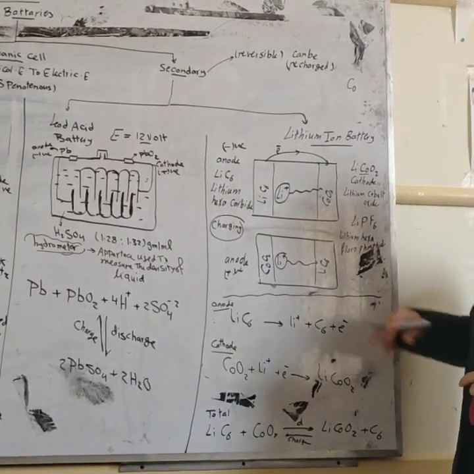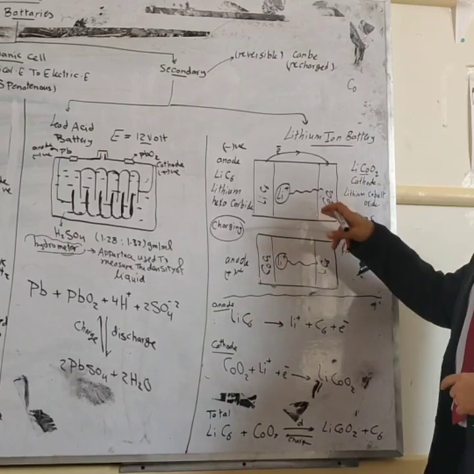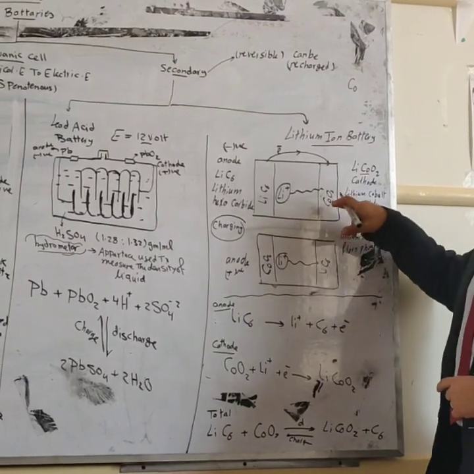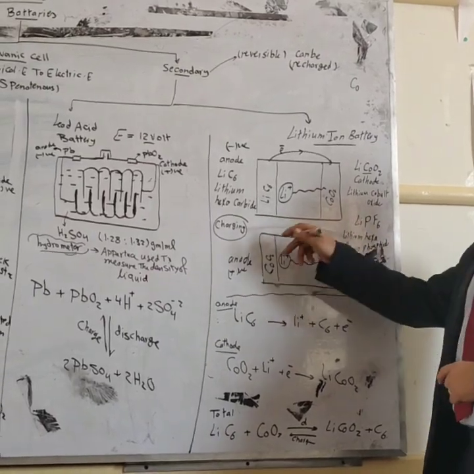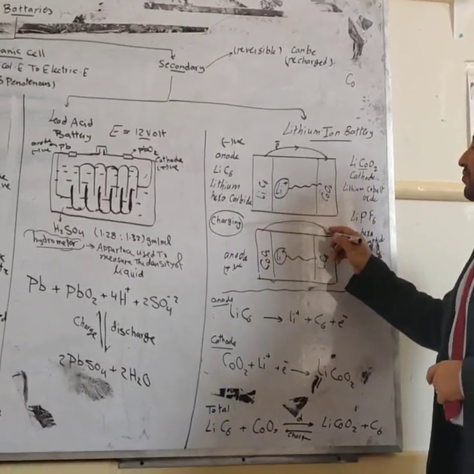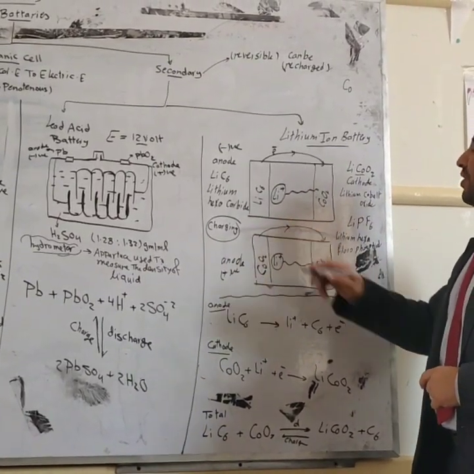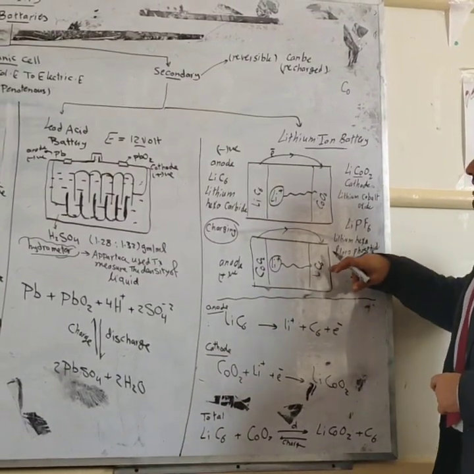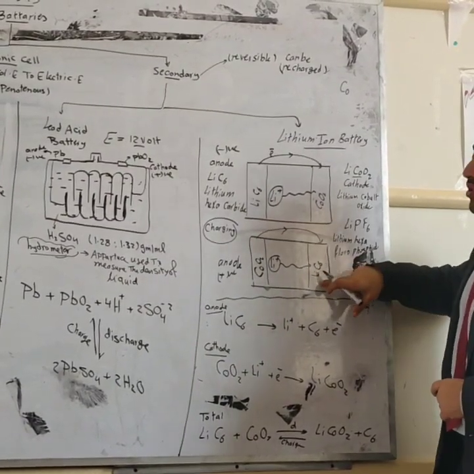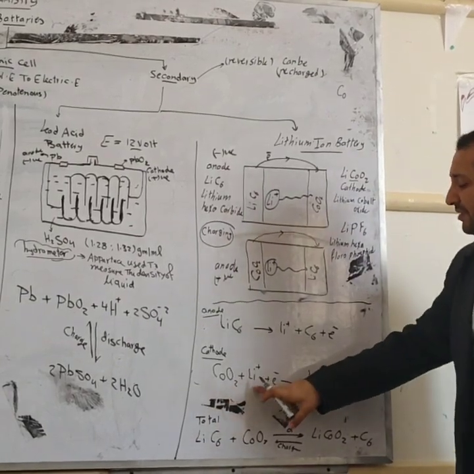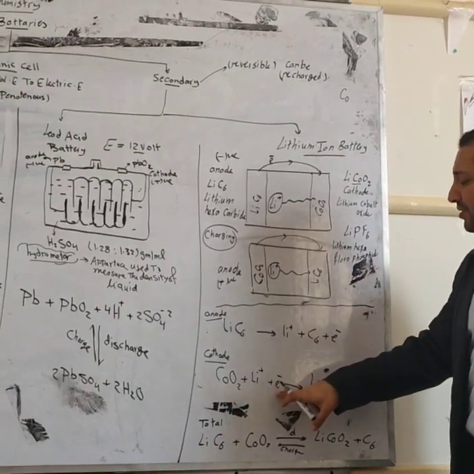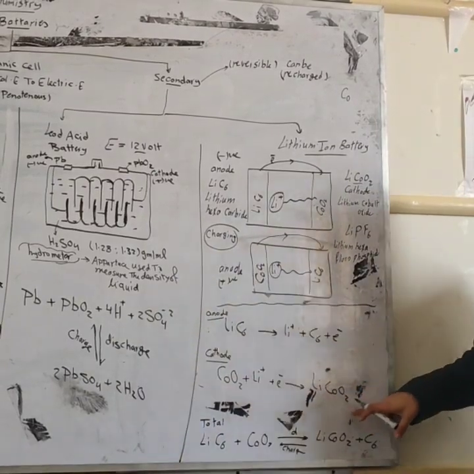We will find the lithium ion liberated again from lithium cobalt oxide, and the electrons move toward the 6 carbon atoms, forming lithium carbide. Cobalt oxide with the lithium ion plus an electron gives us lithium cobalt oxide.